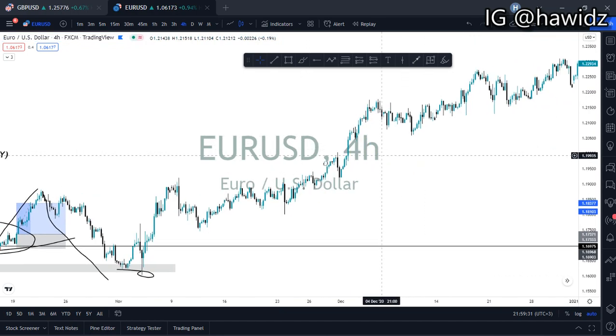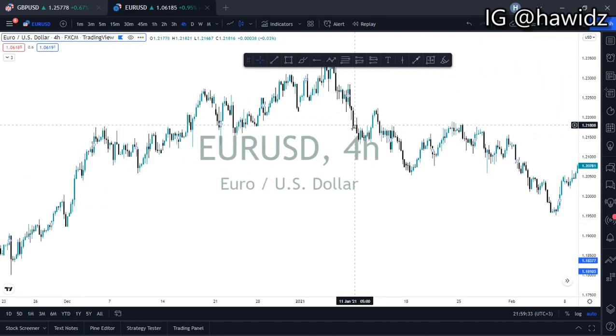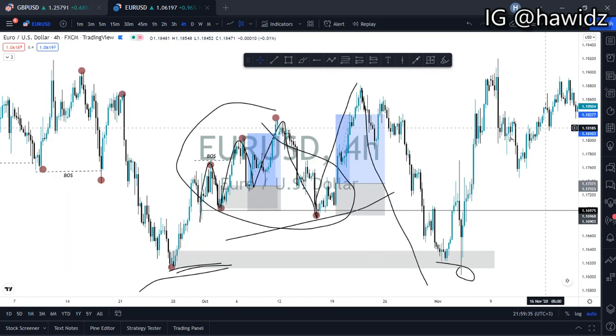Price just flies higher and higher and higher. So this in itself is how structure and S&D can be used to determine where price is actually going, in both the short term and the long term.